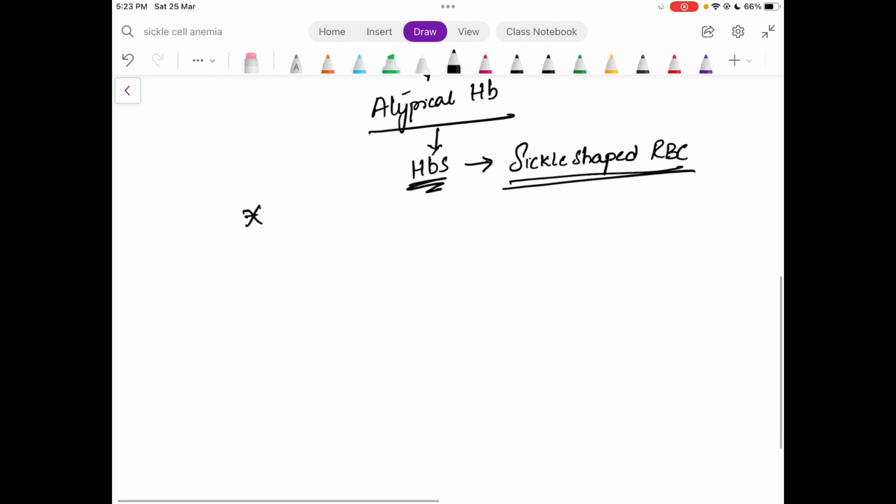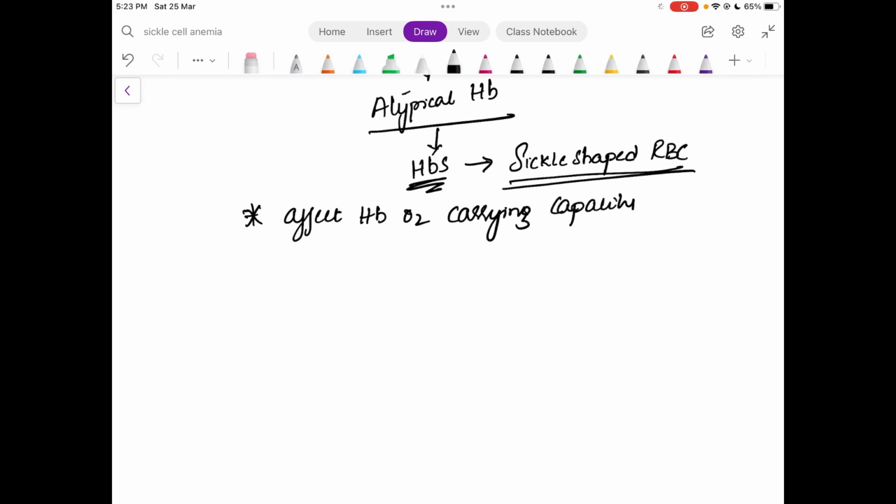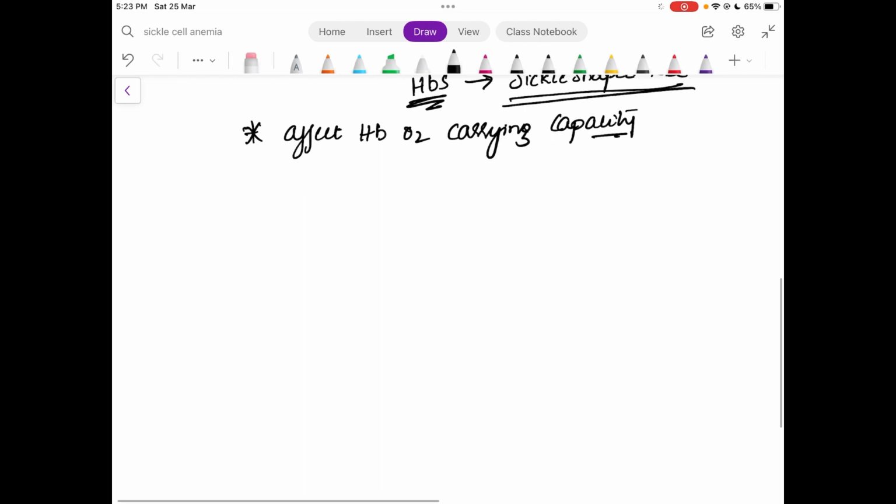This change in the shape and this change in the globin chain also causes change in the hemoglobin, that is it will affect hemoglobin oxygen carrying capacity. It will be decreased in the sickle cell anemia.